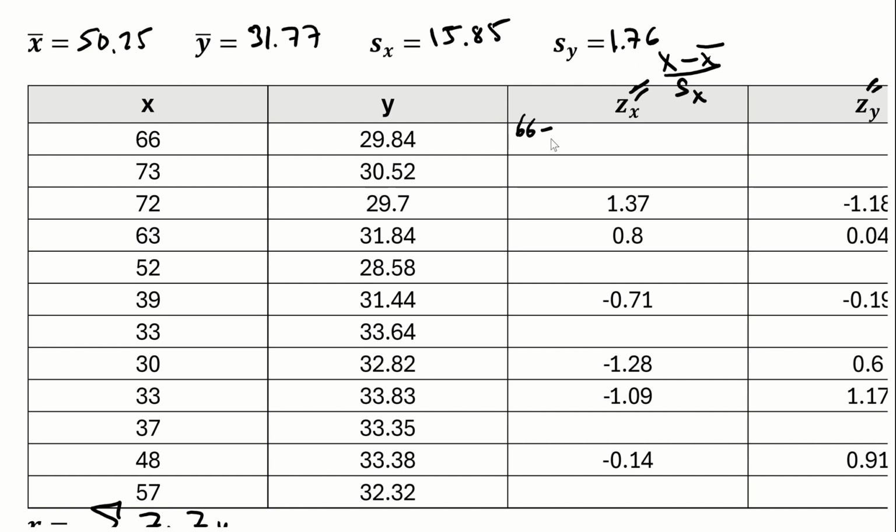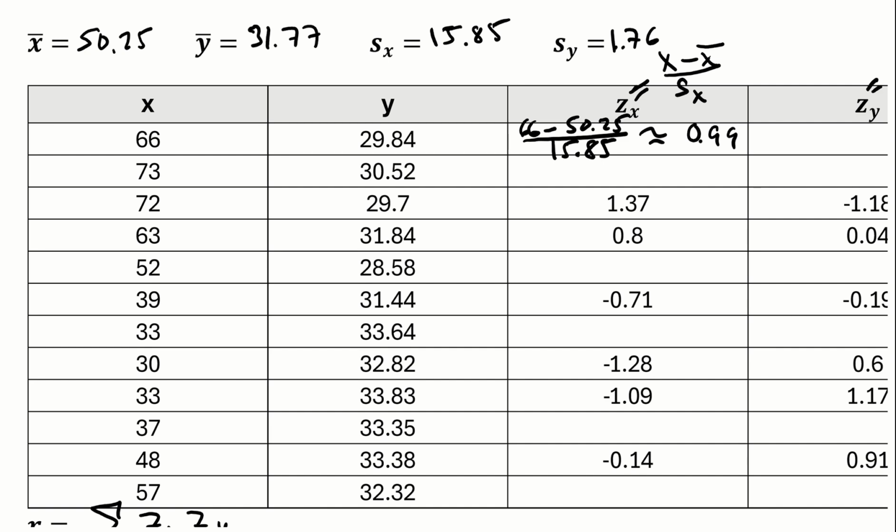All right, so to get ZX, we got to do X minus X bar, right? So 66 minus 50.25 divided by SX, which is 15.85. Okay, we'll do that on the calculator. We get about 0.99. We want to round to 2 decimals, all right? So 0.99.